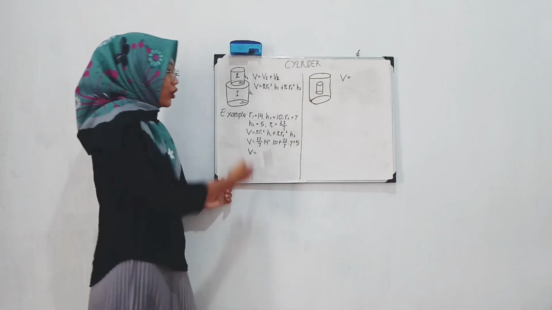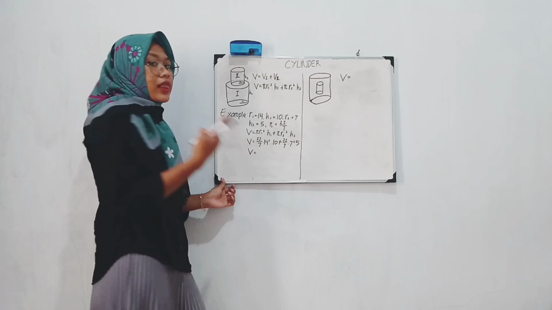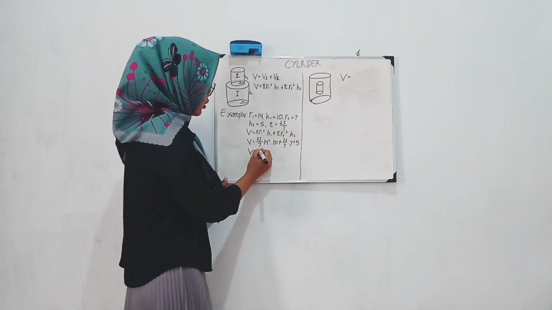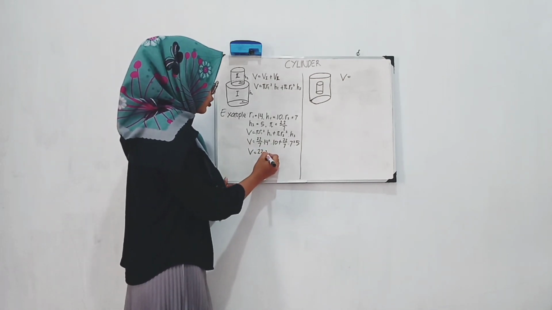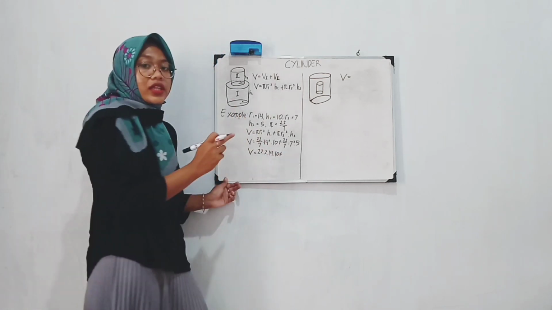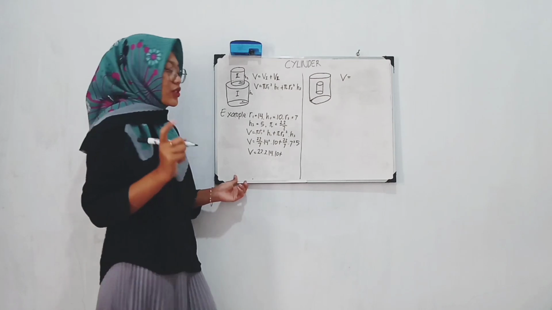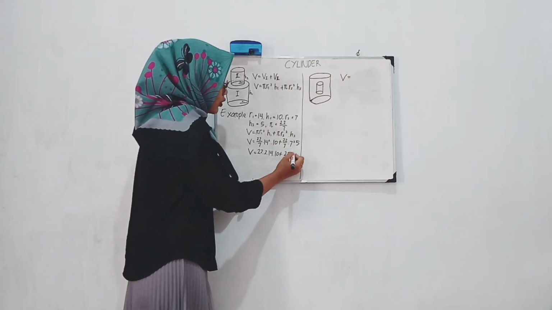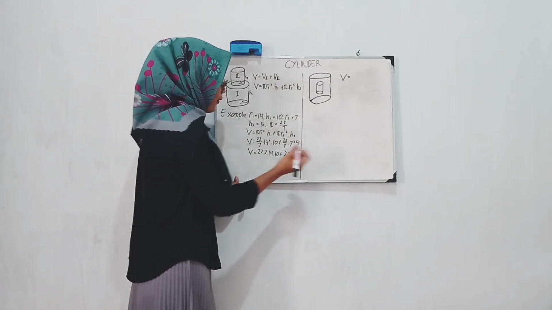Volume equals 22/7 times 14 square is 22 times 2 times 14 times 10, plus 22/7 times 7 square is 22 times 7 times 5.